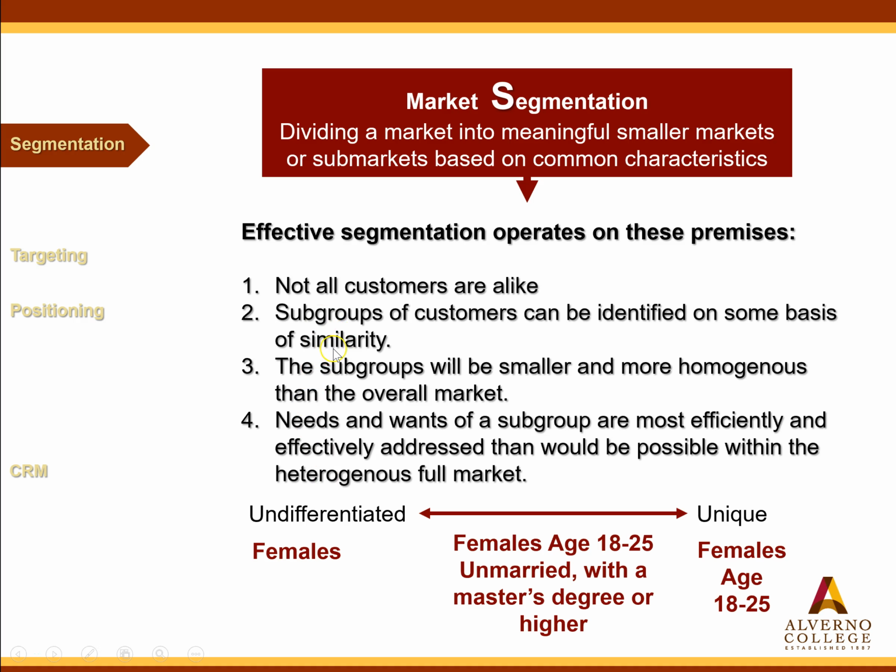Subgroups of customers can be identified on some basis of similarity. Again, for instance, there's females. A subgroup of that is females who are in this age range. And then a further delineated target is adding characteristics in, like looking for females who are unmarried, with a certain education level.